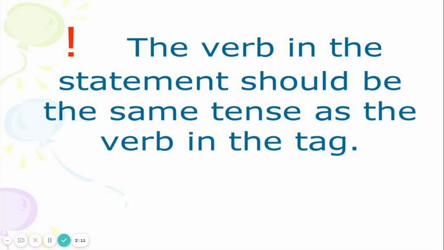You must not change like that. If it is in a question, it is given as is he, you must use the same verb as it is in the questions. Okay. The verb in the statement should be the same tense as the verb in the tag. It must not be changed.